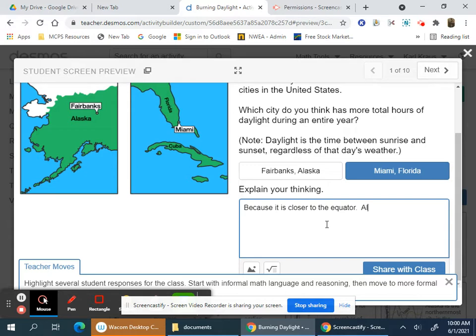Alaska has mostly daylight in the summer and darkness in the winter.